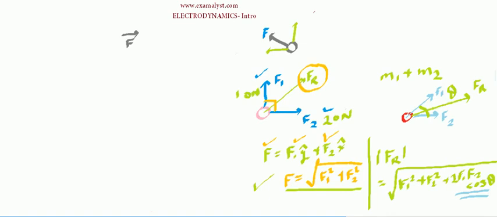So now that we have understood how forces behave like this, it's time to learn about the electric field. Consider a charge plus q.